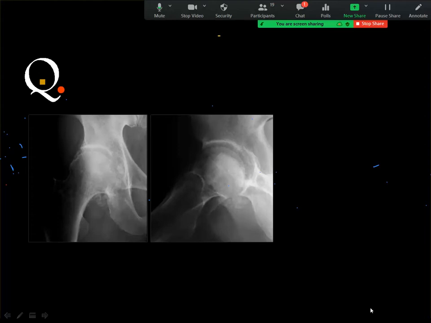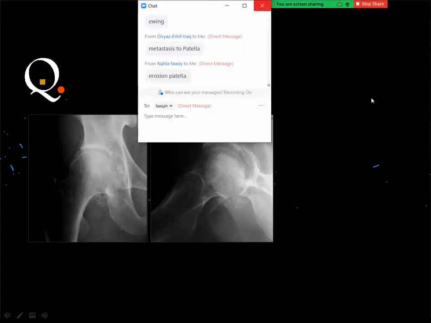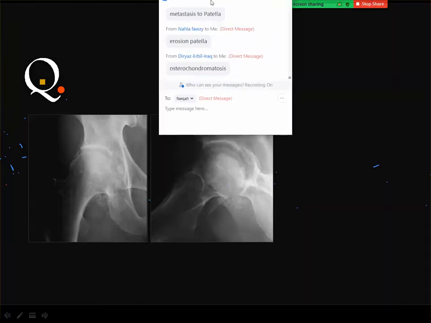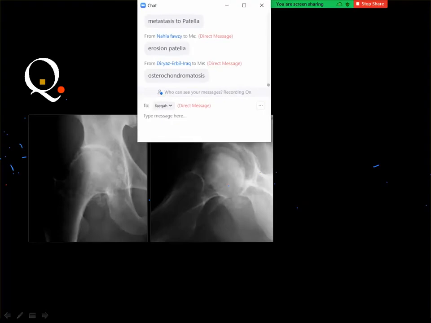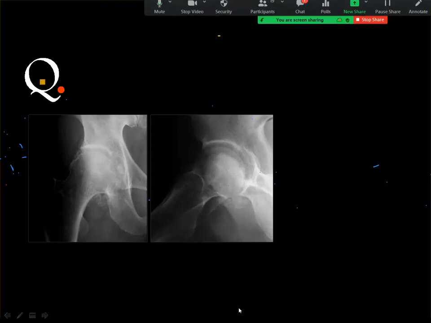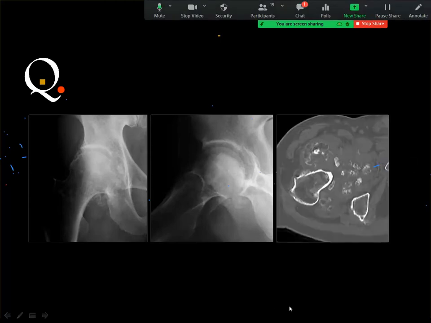Yes, and this is an X-ray of the hip, the frontal view and the lateral view. What do you think? Osteochondromatosis, Riaz said, and this is right. Osteochondromatosis, you got multiple loose bodies in the inferior aspect of the joint, and this is the CT scan.